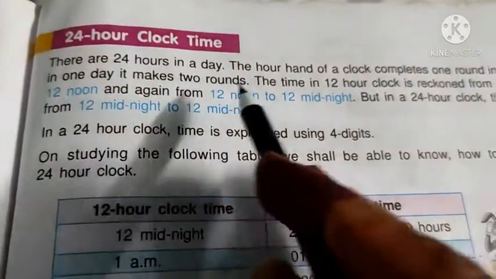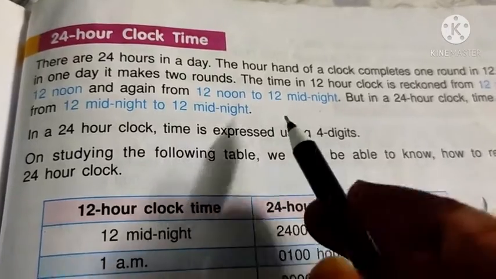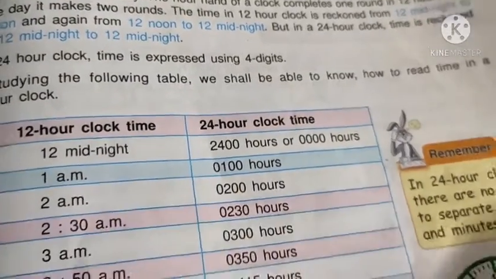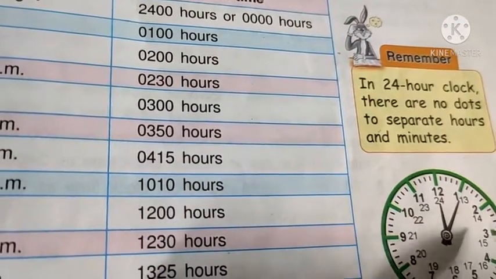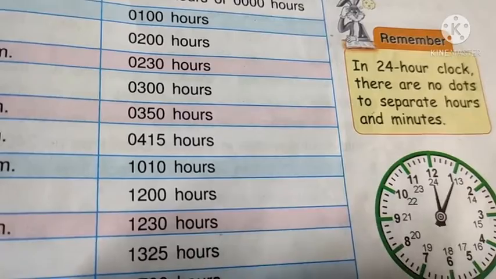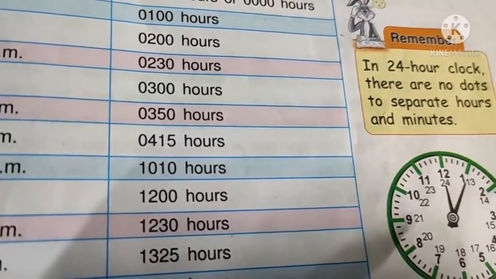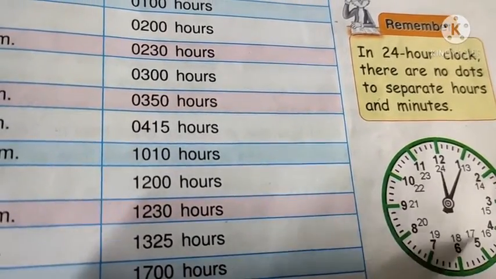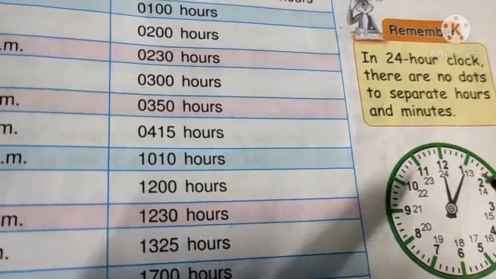So in 24-hour clock time, there are 24 hours in a day, and the hour hand of a clock completes one round in 12 hours. That is, in one day the hour hand makes 2 rounds, and the time is 12-hour clock.